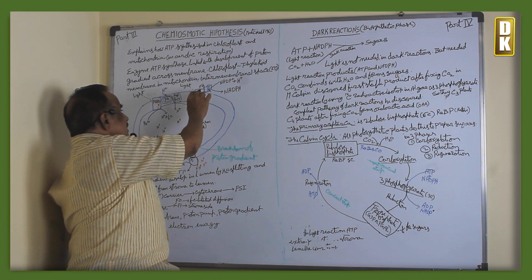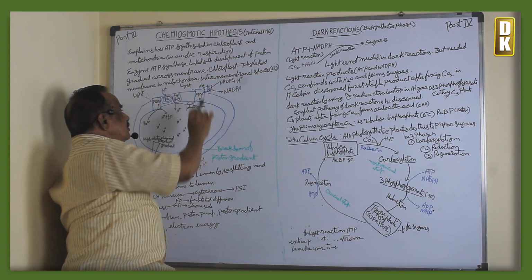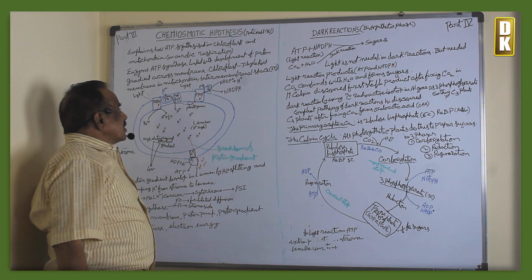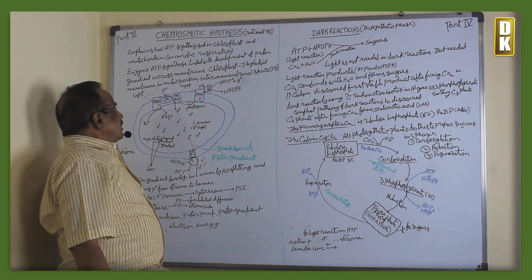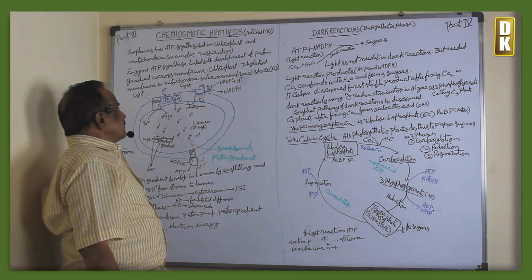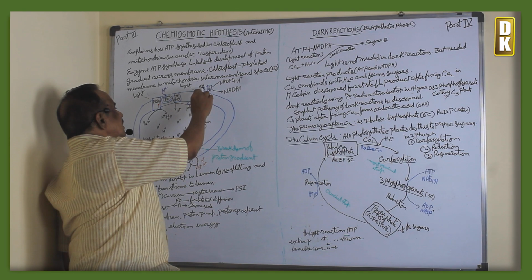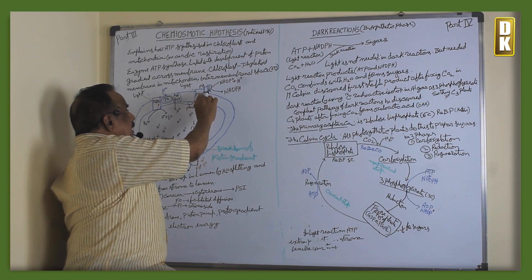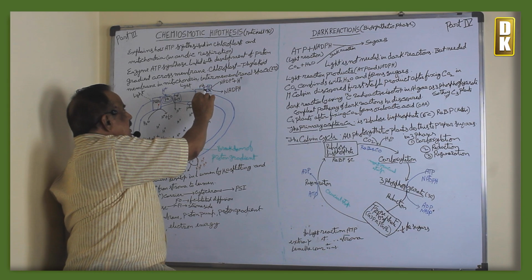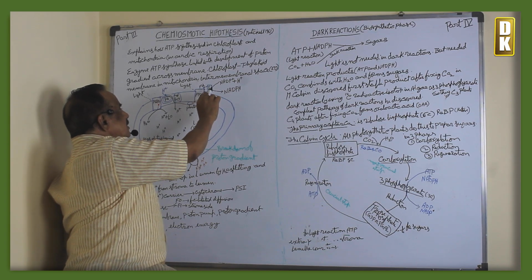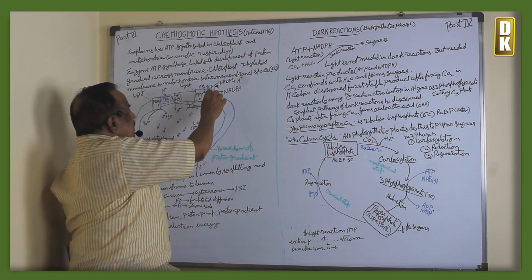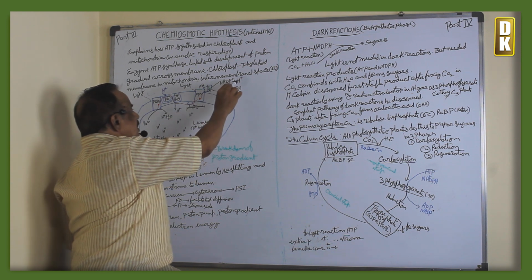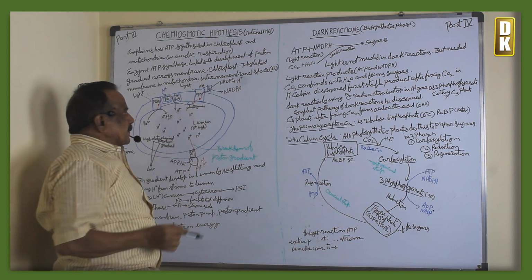Now, the ferredoxin will give the electron to the FNR, ferredoxin NADP reductase enzyme. The ferredoxin NADP reductase takes NADP plus one proton from the stroma.